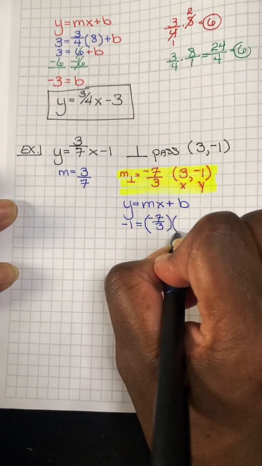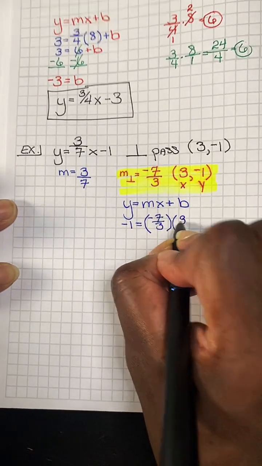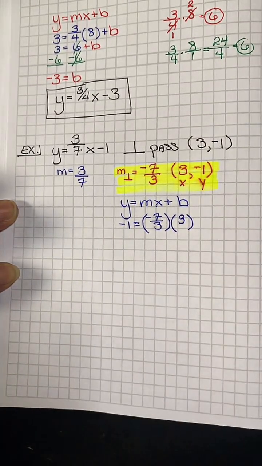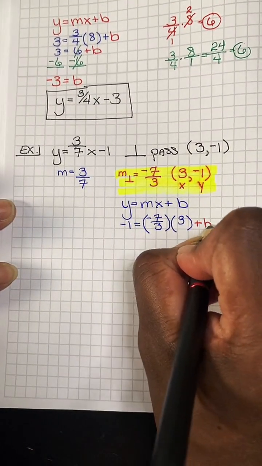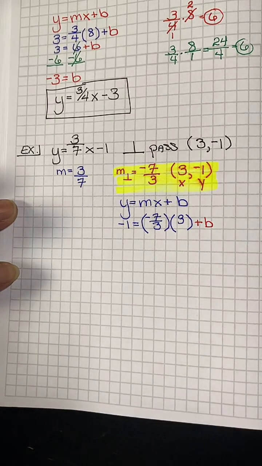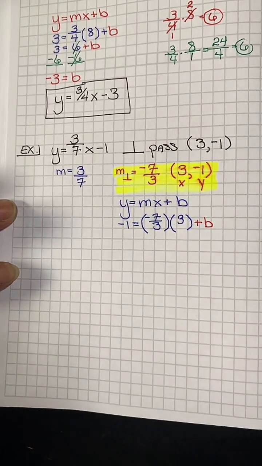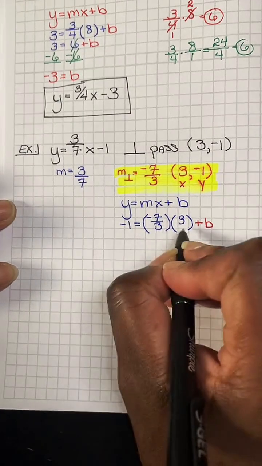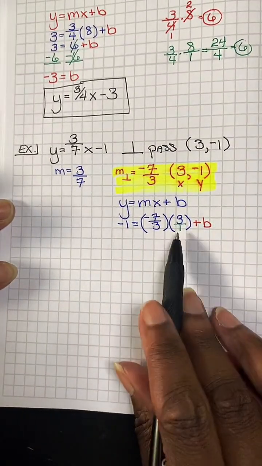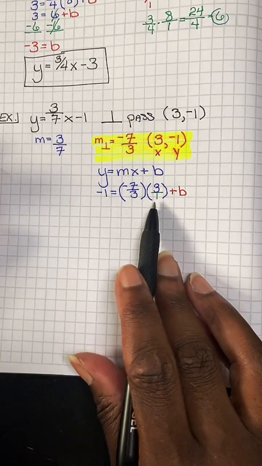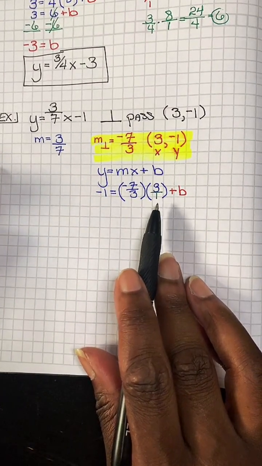The x is going to be 3. And then we have our plus b. The reason why I write the 3 like this is because since I'm going to do multiplying, I could put it over 1. So it's not devaluing the 3, it's just transferring it into a fraction.